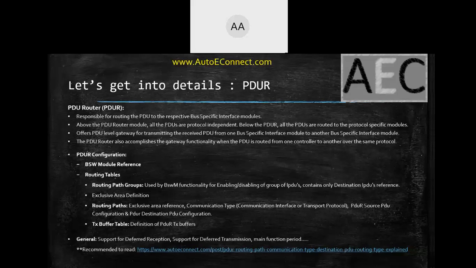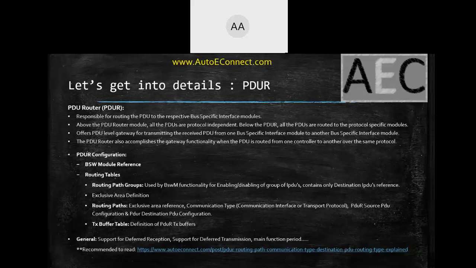So there are two things: either gatewaying completely at the bus level, or passing the information to the above layers like the service layer, to cater the data to the application layer and for usage in the service layer. These are the main responsibilities of the PDU router.